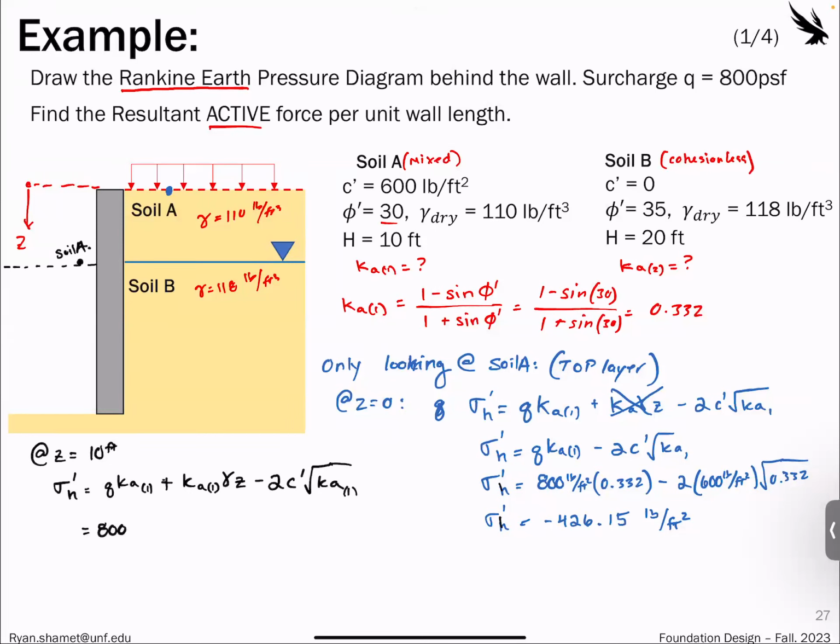So I'm just going to remove the units here just to make it go a little bit faster, but two times the unit weight of 110 pounds per cubic foot, and then times 10 feet, so we're still in pounds per square foot. And then we're subtracting out this cohesion, 600 times the square root of 0.332.